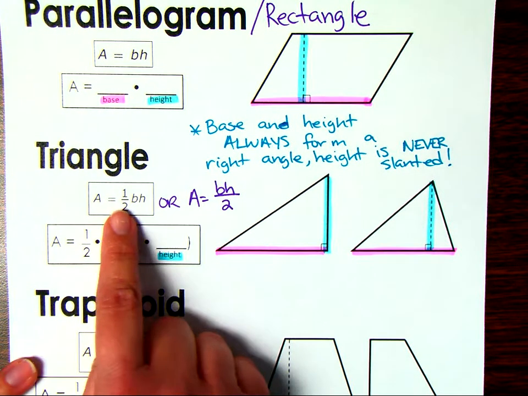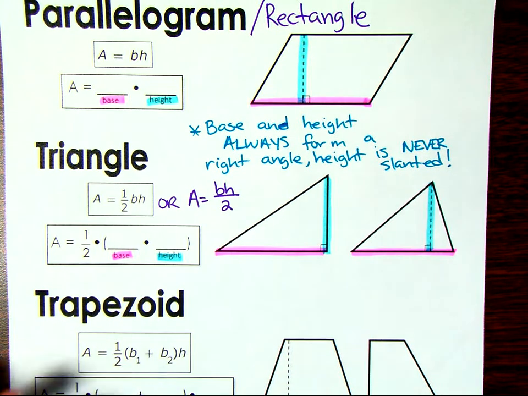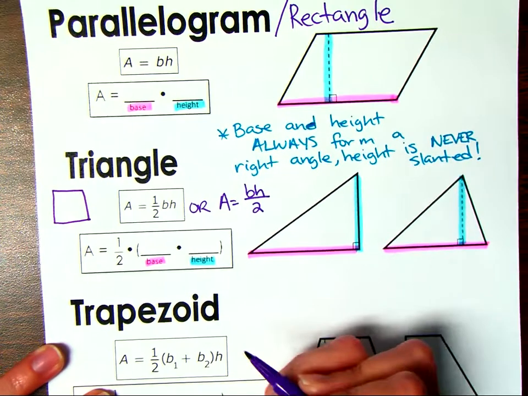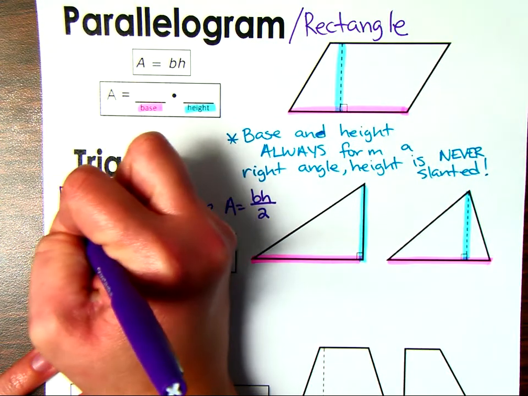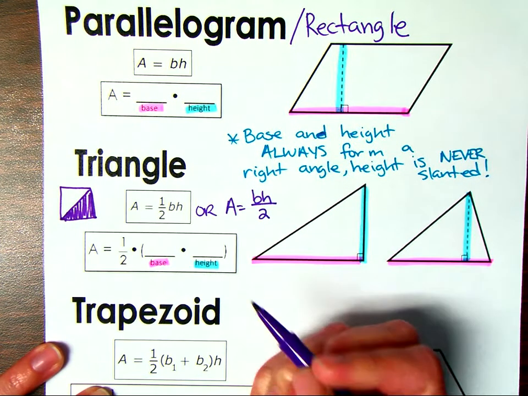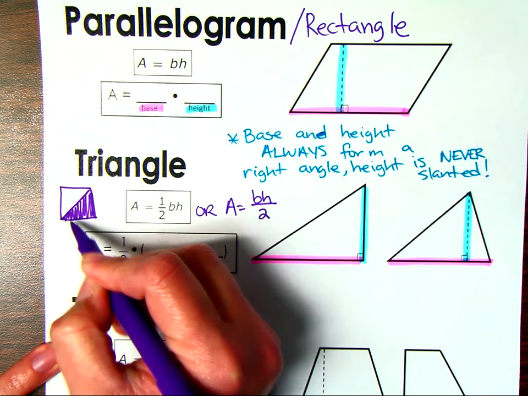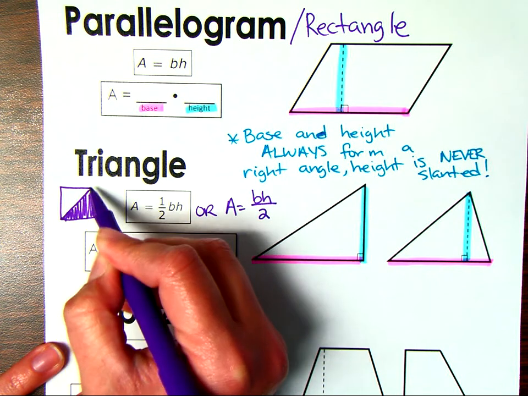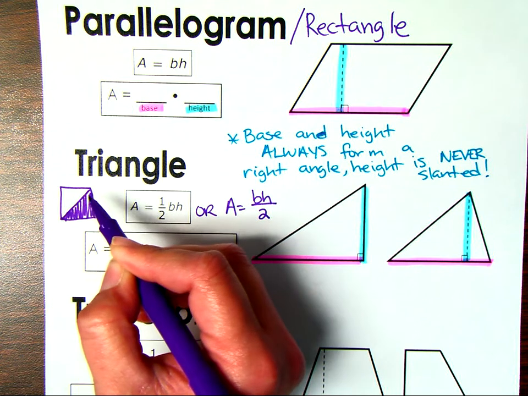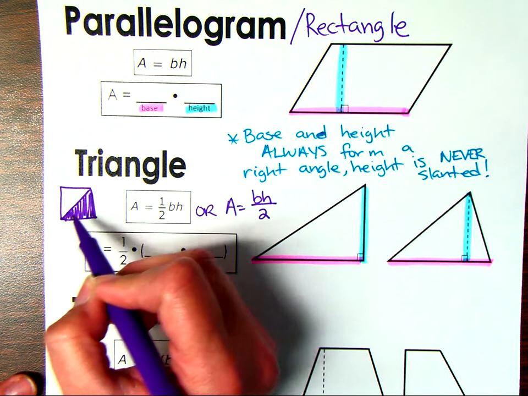Okay? And friendly reminder, the reason why this formula works out is that if I had a square, a rectangle, or a parallelogram and I cut it in half, I actually have 2 triangles. So if I want the area of this, I could take this base times its height, but that would be the area of the whole square or rectangle or parallelogram or whatever it is, one of those 3.